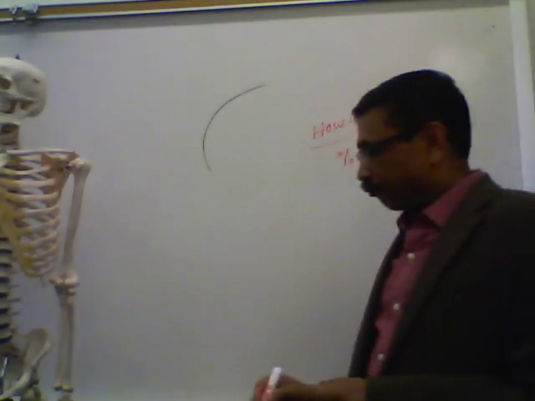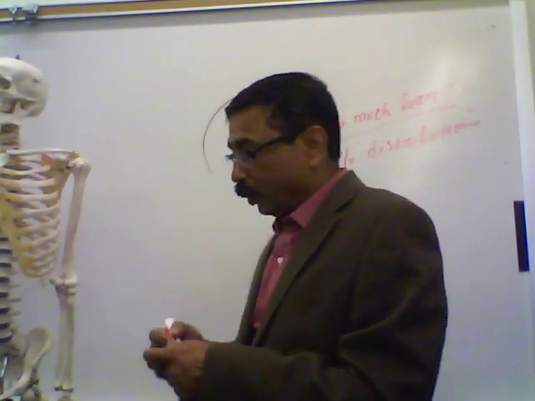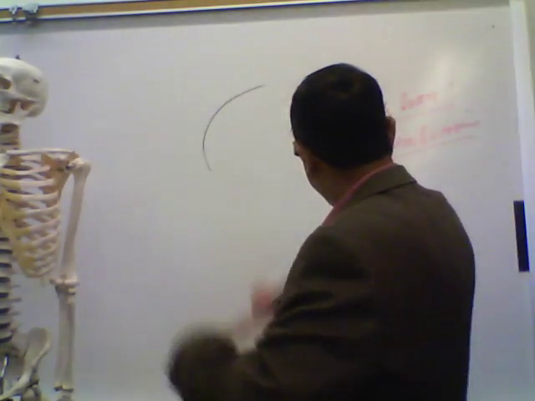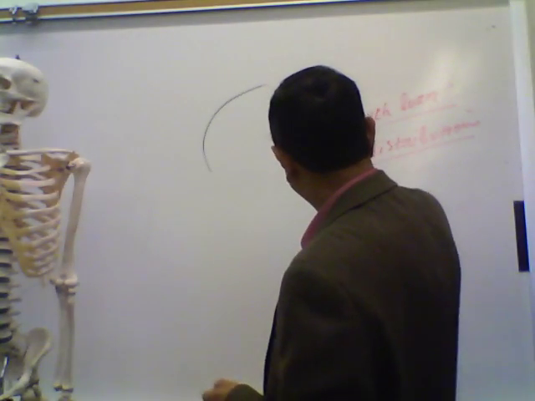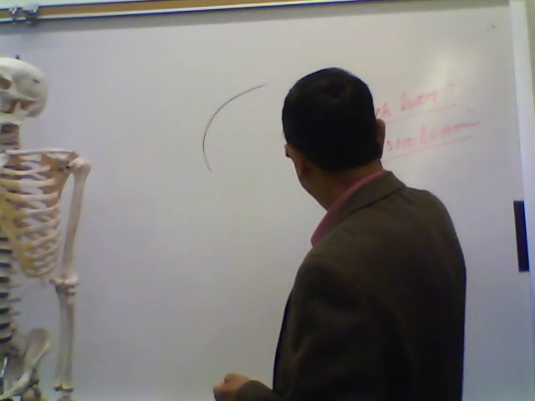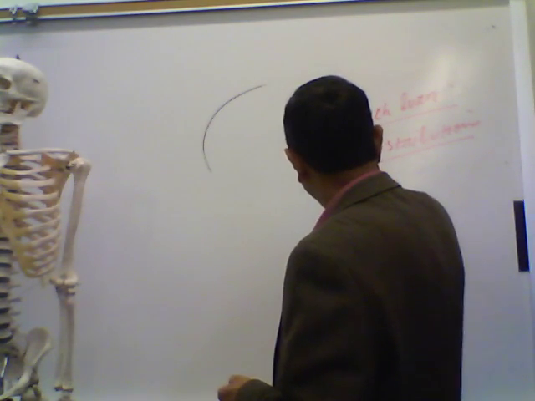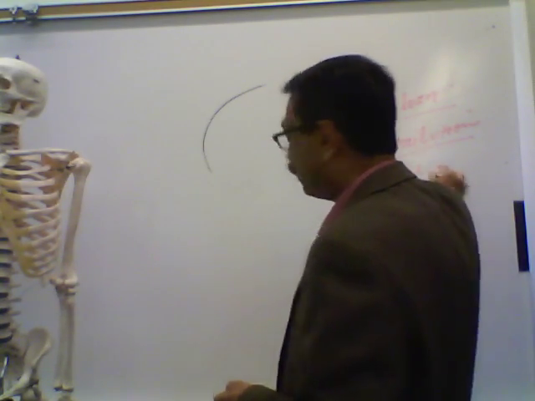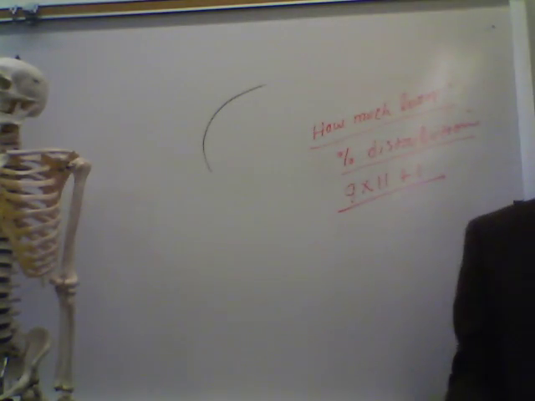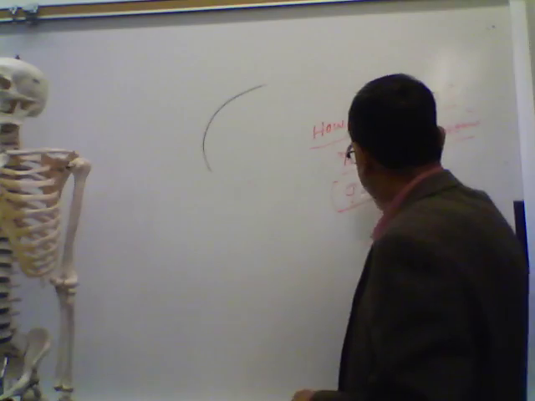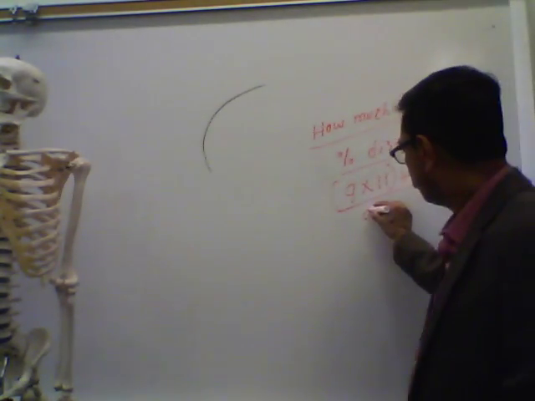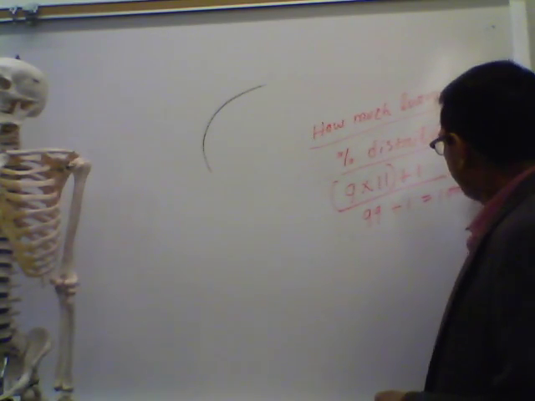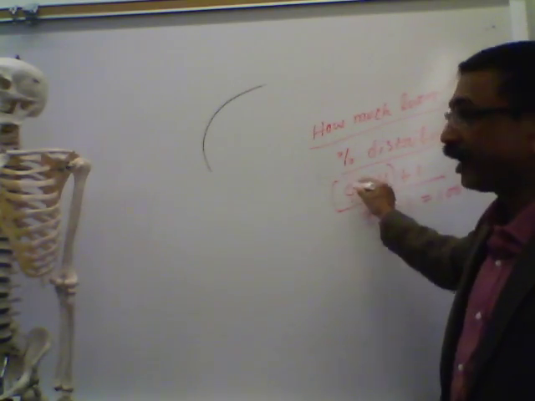We say the percent distribution of burn to determine how much body surface has been affected, and there is a method to do that. 9 times 11 plus 1, that is the rule. Okay, 9 times 11 plus 1. So 9 times 11 is what? 99 plus 1 is 100%. Now what are those 11 nines?